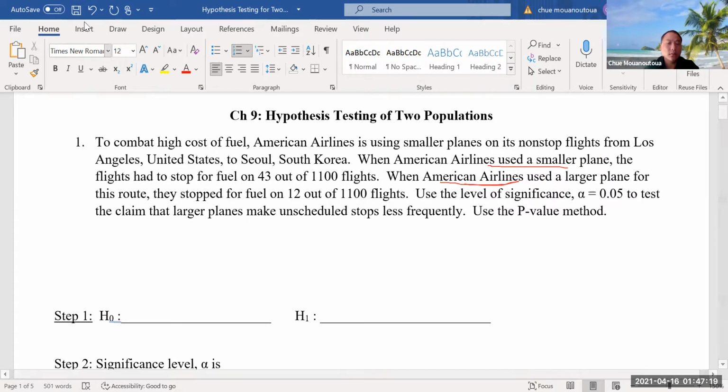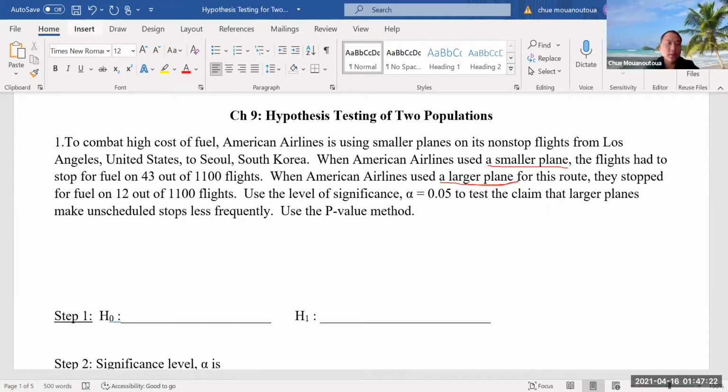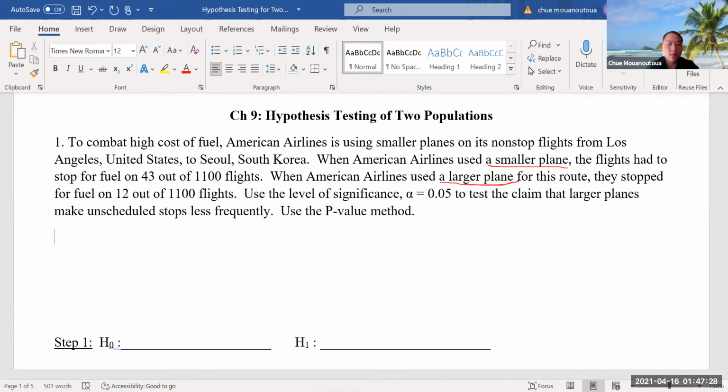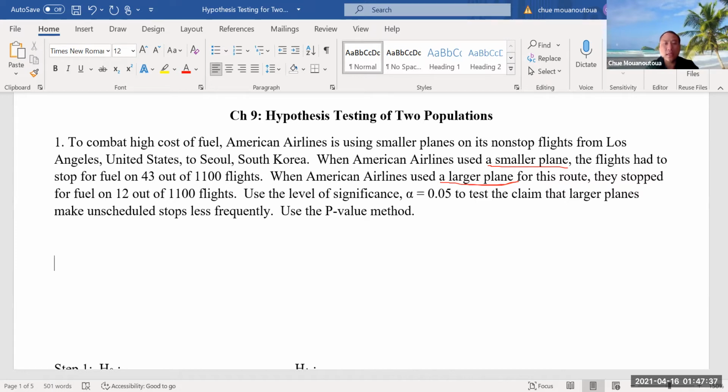Because they're asking about the larger plane, I'm going to choose the larger plane to be my first population. Again, you can choose the small plane to be the first population or the second population, it's up to you.